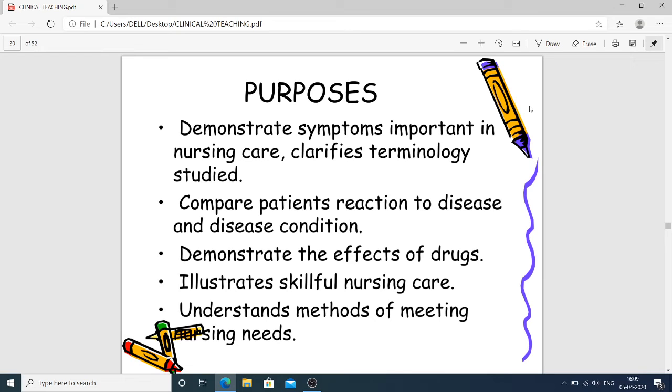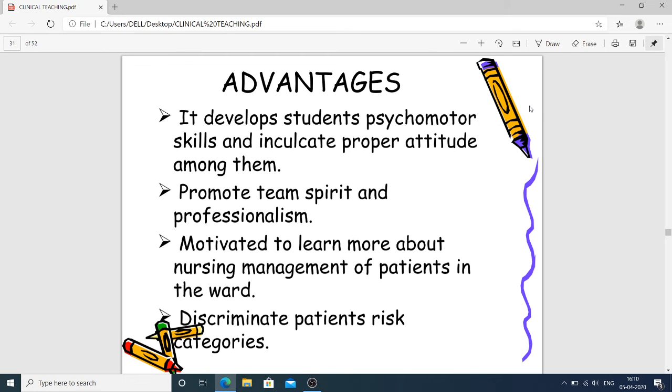While the nurses round in the ward, they can see the symptoms in patients in a real situation. Then compare patient reaction to disease and disease condition. Demonstrate the effects of drugs, the particular drug which is given to the patient. Illustrate skillful nursing care and understand methods of meeting nursing needs.